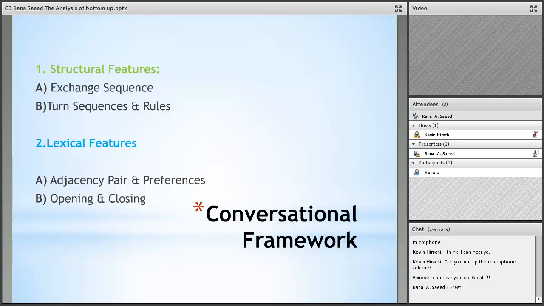So we will have what we call adjacency pair and preference systems that show what the intentions of the speakers are. And the second is the opening and the closing that shows how the speakers tend to open and close their own conversations. So next I will talk about the structural features in these situations.